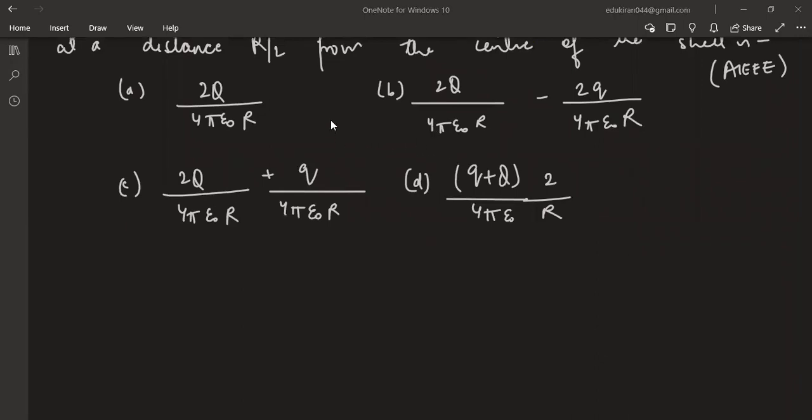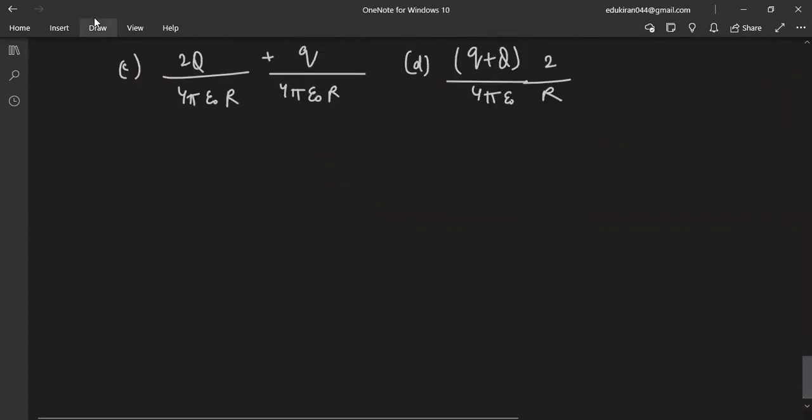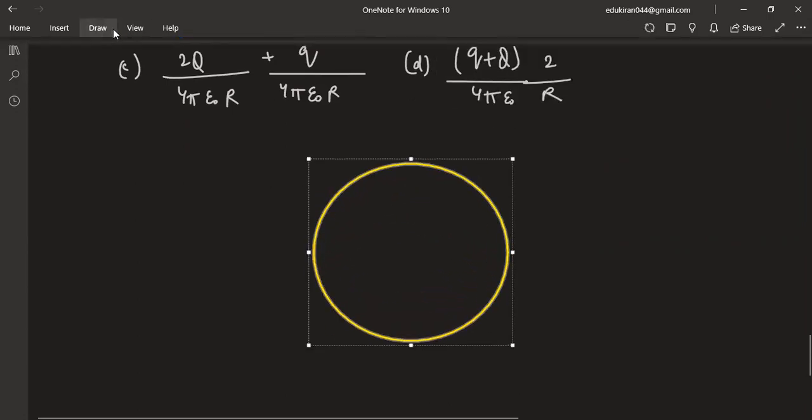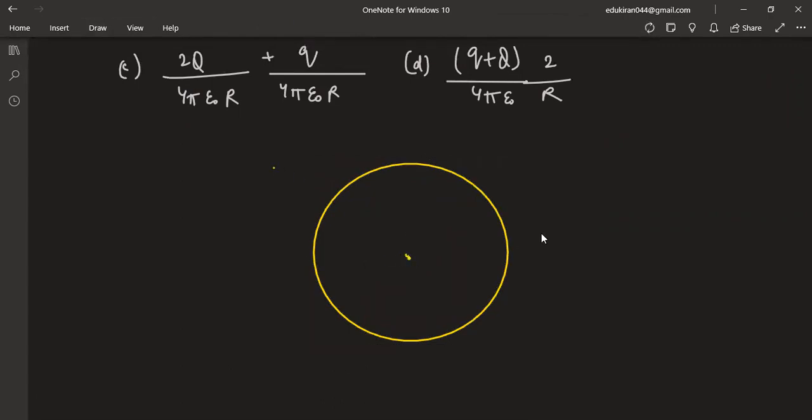It's actually option C. See, it's like if I give you the figure of the circle. This is charge small q, this is charge capital Q. This is point P, which is separated by R by 2, and this entire is R. That's what is written, no?